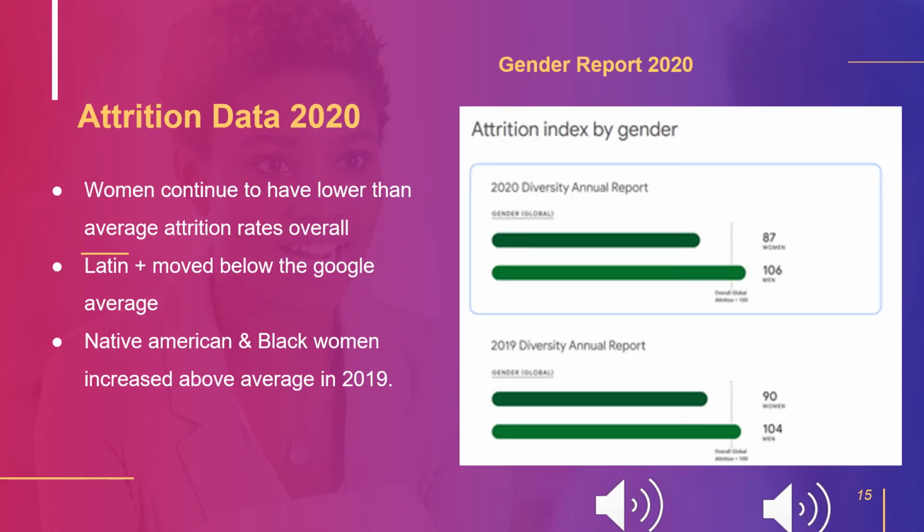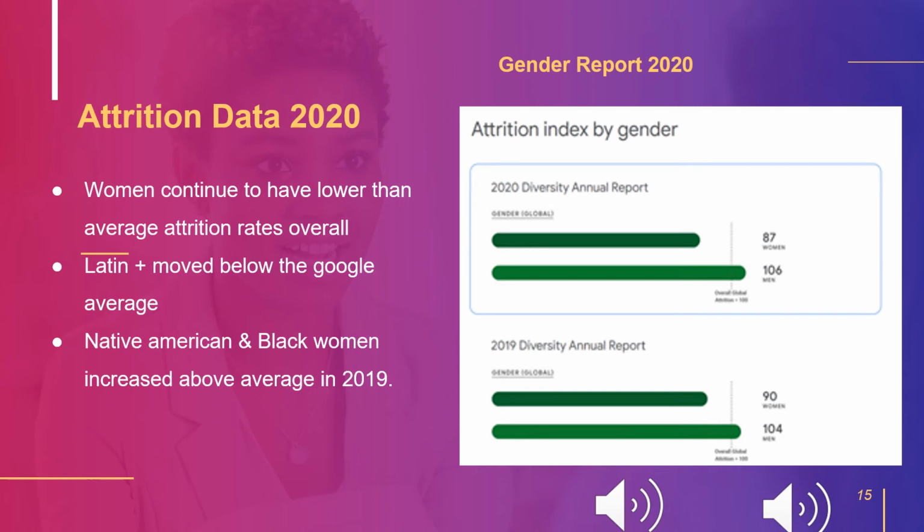Looking at the attrition data for 2020, we can see that women continue to have lower than average attrition rates overall. Latin employees moved below the Google average, and Native American and Black women increased above average in 2019.